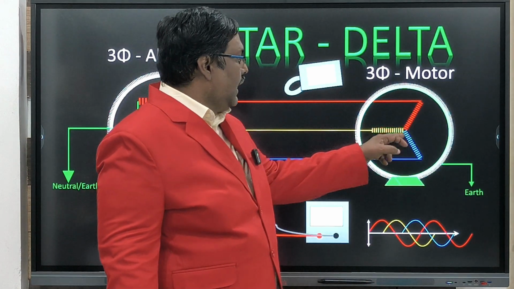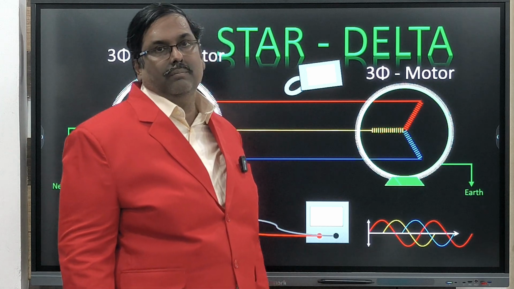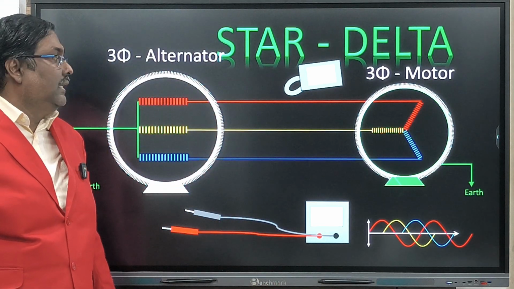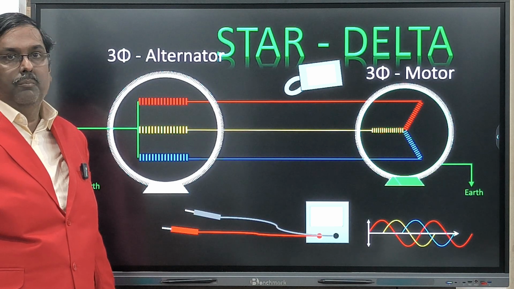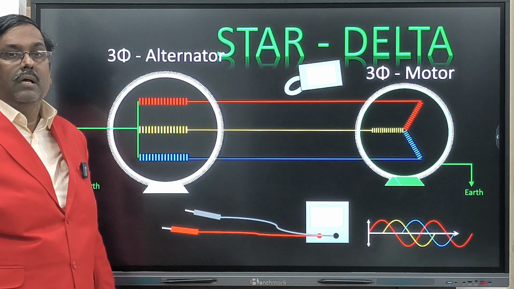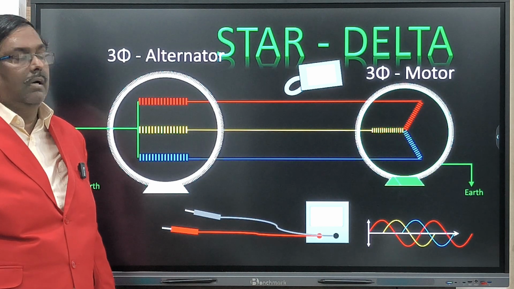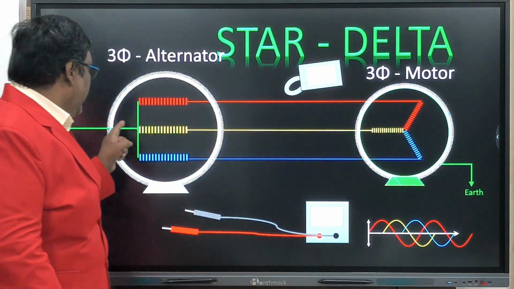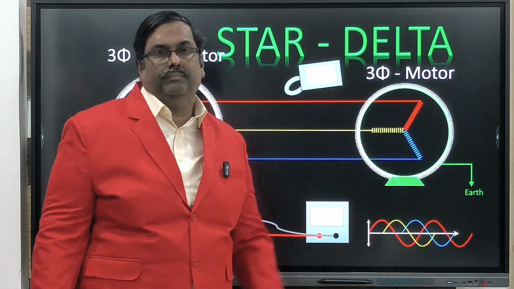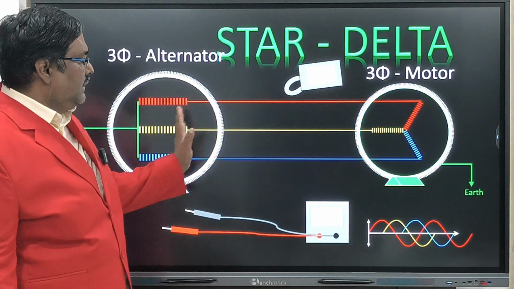This is called star, and we are getting a neutral point, but that neutral point is invisible. We cannot find that point. It will be there in the system wire connection, but we are not going to use it. Here we are not taking this one to earth. Okay, so now this is the setup.